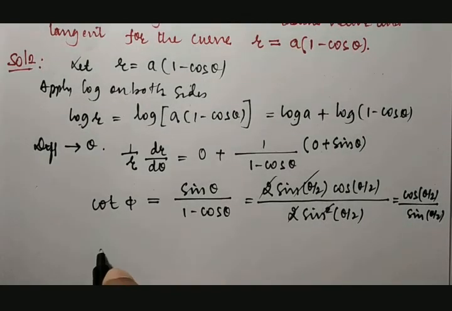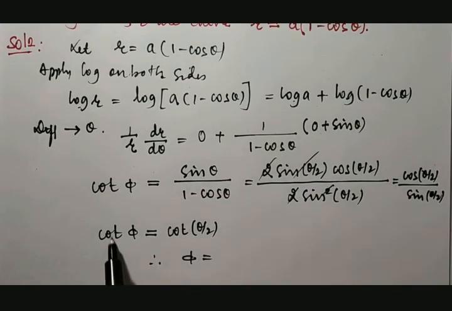Therefore, cot phi is equal to cos by sin, that is cot theta by 2. Therefore, on both sides there is cot and cot which get balanced, because if we take this cot to the other end it becomes cot inverse. Therefore, it is theta by 2.